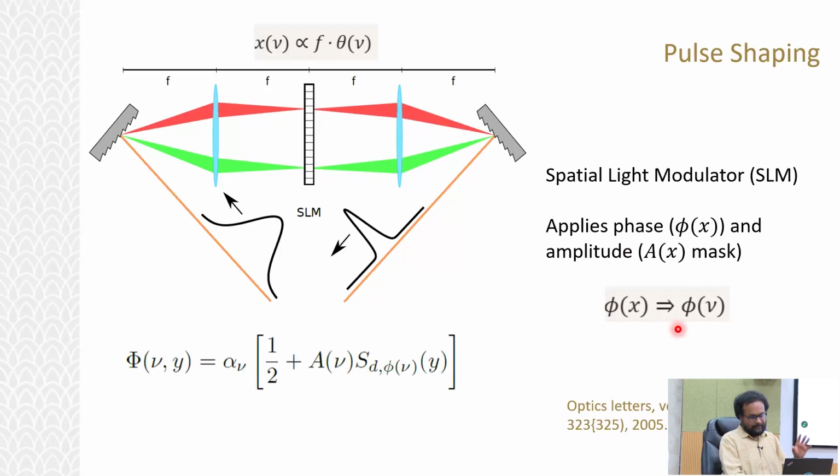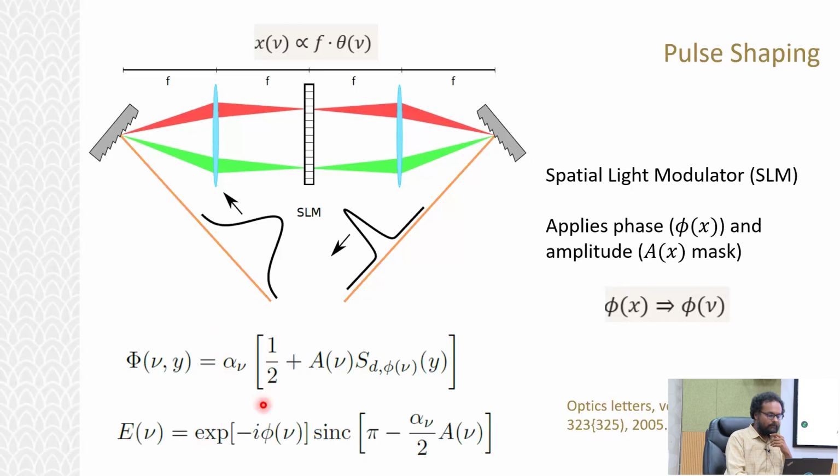Okay, in fact, I can write my expression exactly of my phase applied by SLM. This is my amplitude and some phase term here. And then if you look at the electric field at the output, you will get a sinc function of this kind. By the way, this is after the second Fourier transform.